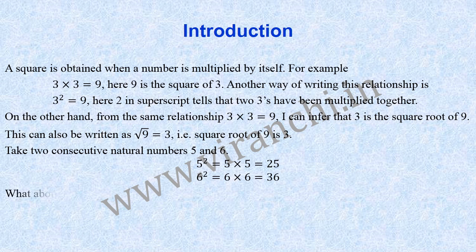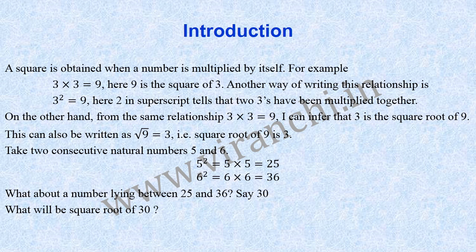But what about the numbers lying between 25 and 36? There will be several such numbers. I will take one of them, say 30. Can you find a natural number which can be called square root of 30?